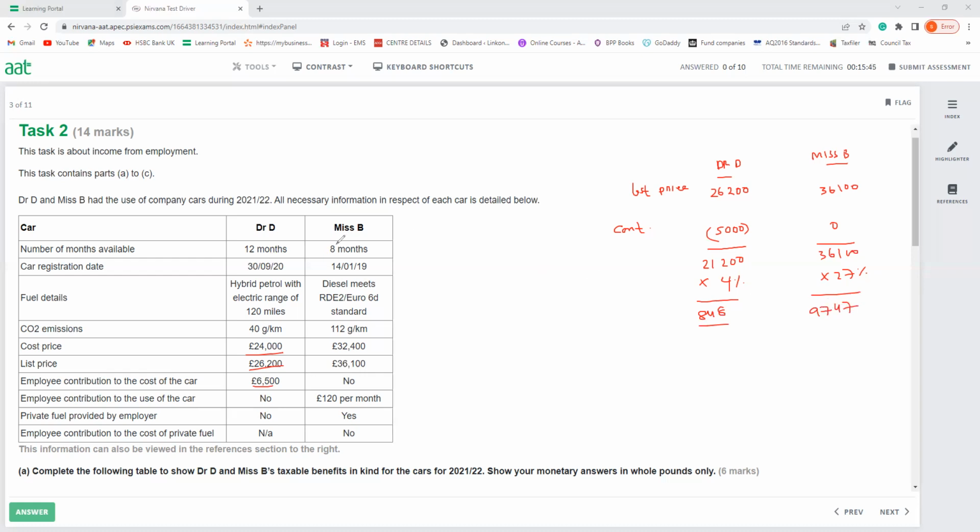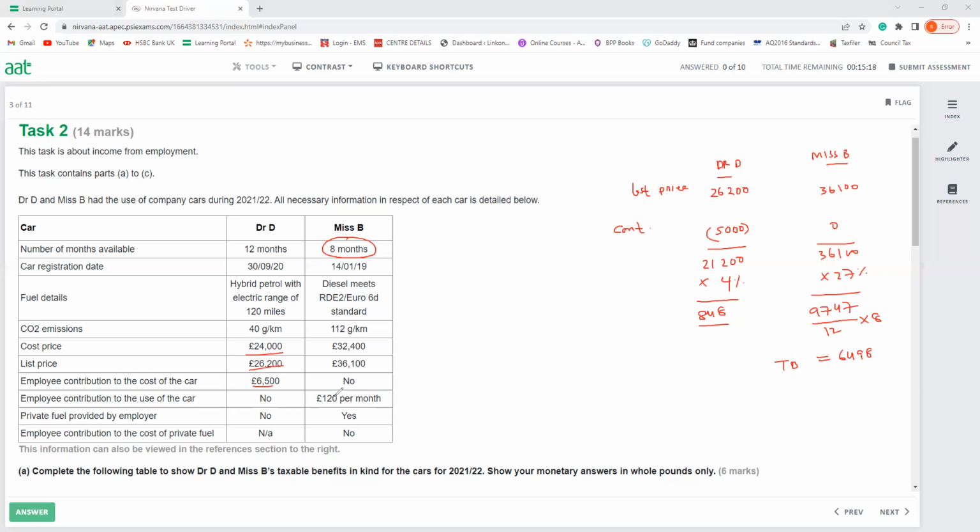But we have to remember she used this car only for 8 months, so we have to divide by 12 times by 8, and that will give you 6498. This is the taxable benefit.